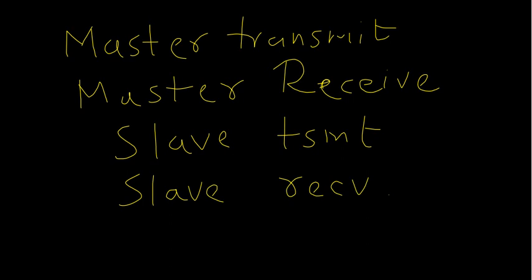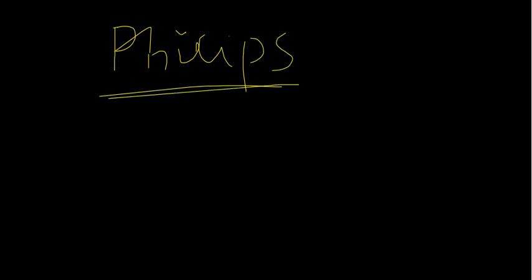So this is a general thing as long as I2C communication is concerned. But there are certain standards. One more thing I need to mention: this I2C communication was started by Philips way back. Philips is the pioneer of this technology, Philips Semiconductors rather.